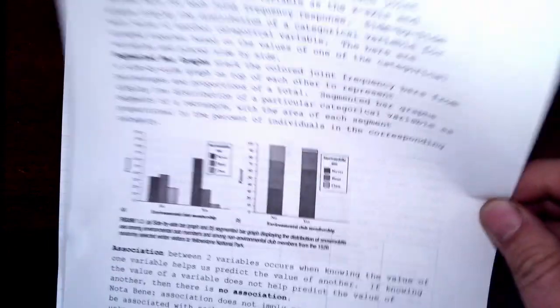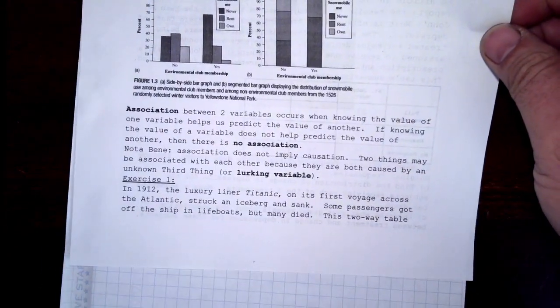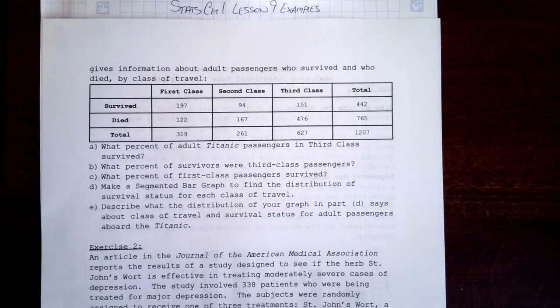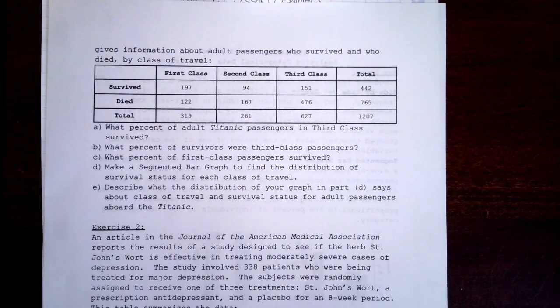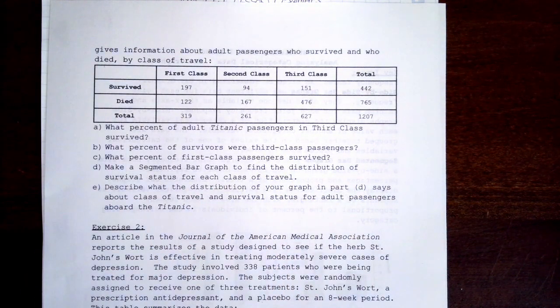So example 1, we're going to go back to the Titanic and its horrible, horrible maiden voyage. The same set of numbers that we were looking at before, because history has not changed so far. Part A, what percent of adult Titanic passengers in third class survived?